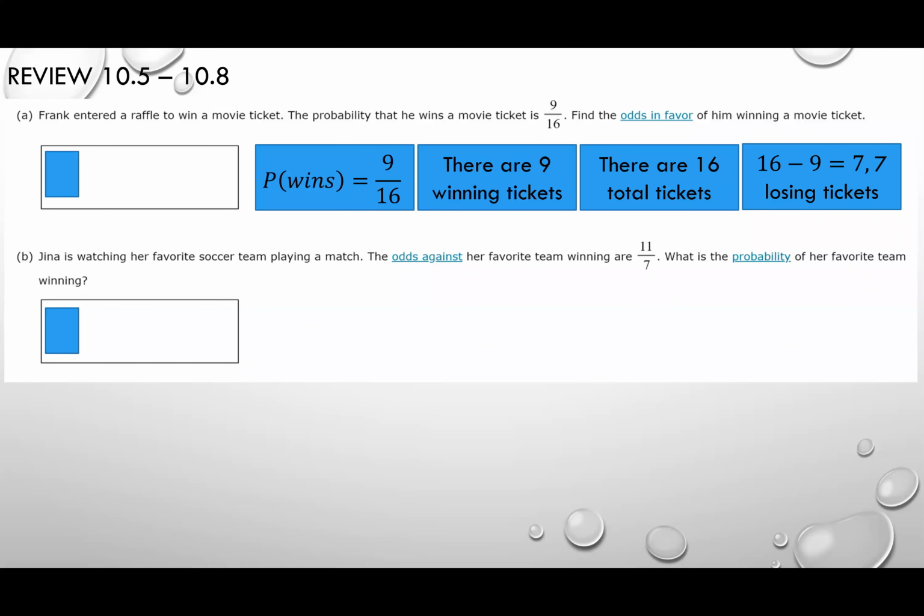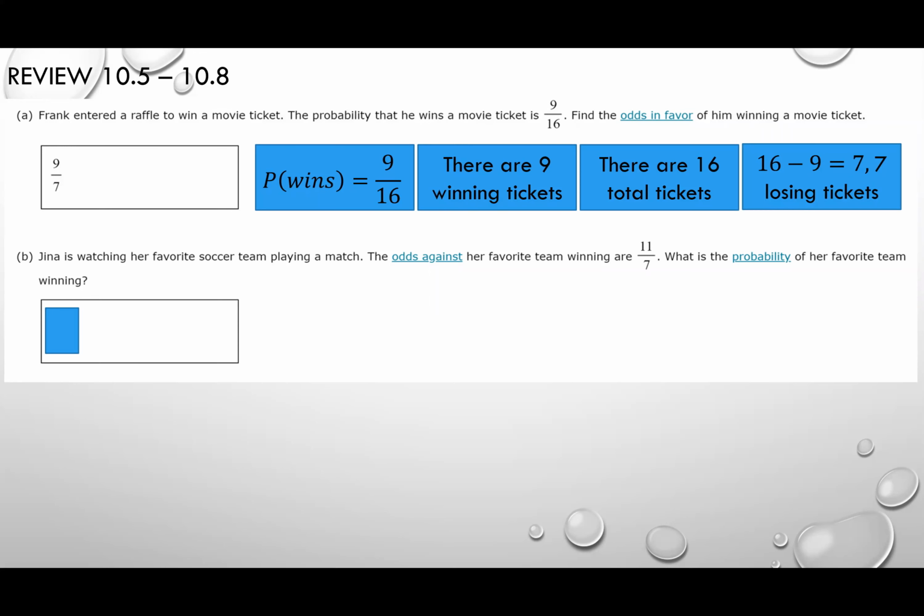So in this case, to find the odds in favor, you have 9 winning tickets to the 7 losing tickets. Okay, that's the idea: they give you the probability, you need to convert to the odds, and to convert the probability to the odds, again, take the total minus what you have, and then the odds in favor is what you have, which is 9 over the remaining.